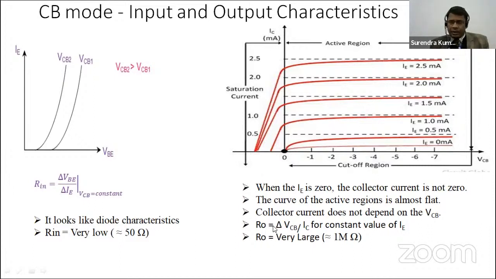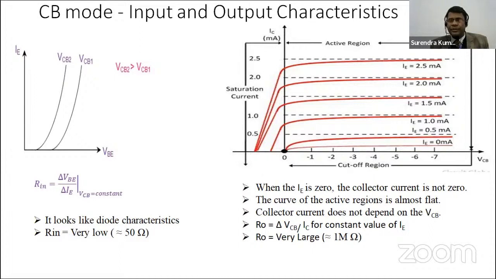Now, how can we determine or calculate the output impedance of common base configuration? As we see the characteristics of a transistor, here the current is constant. So this property belongs to the current source.